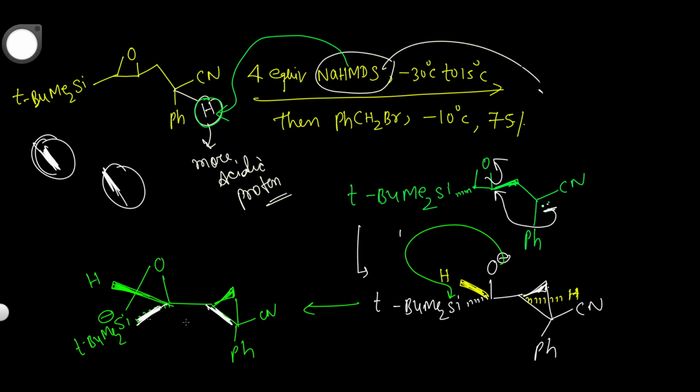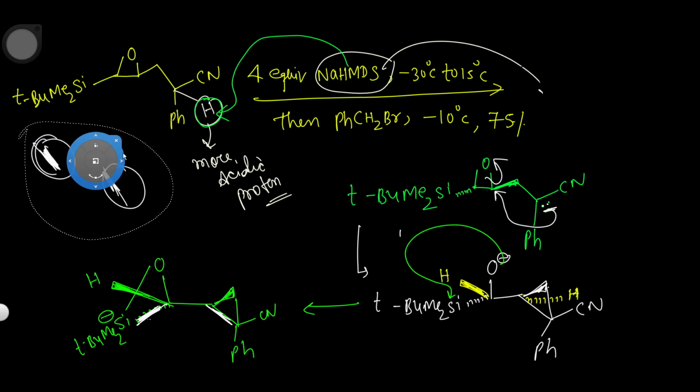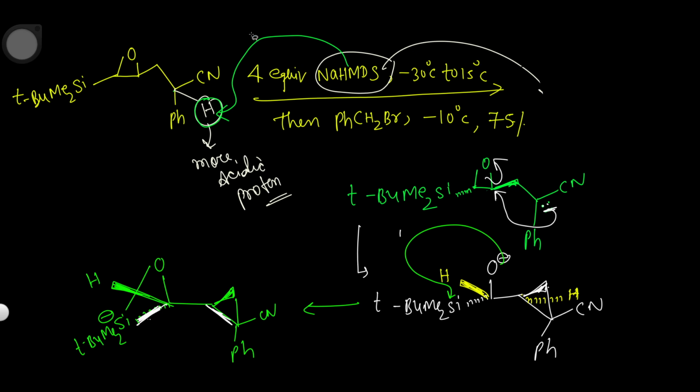This is not anti-periplanar. So we have to first make it anti-periplanar. So how can you make it? You can do the anti-periplanar elimination by rotating the single bond.